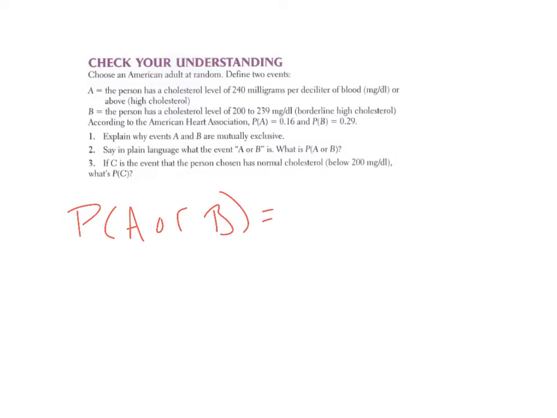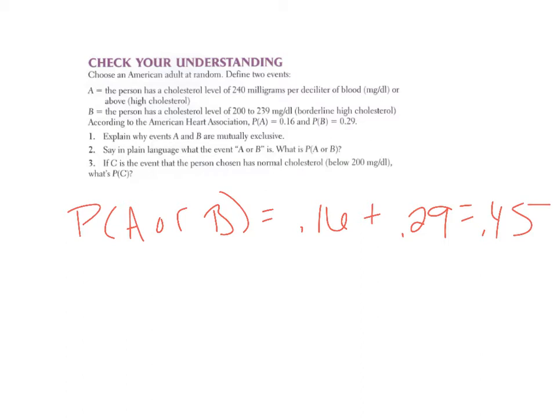So we had 0.16 plus 0.29, so 0.45. So there's a 45% chance that the randomly selected American adult has a cholesterol of 240 milligrams per deciliter of blood or higher, or 200 to 239 milligrams per deciliter of blood.